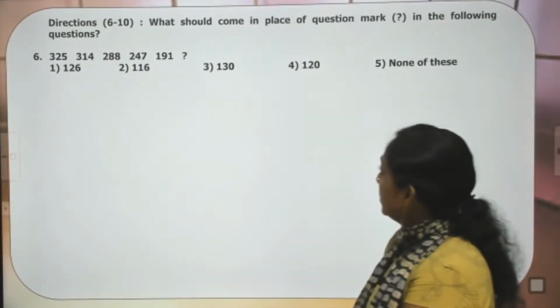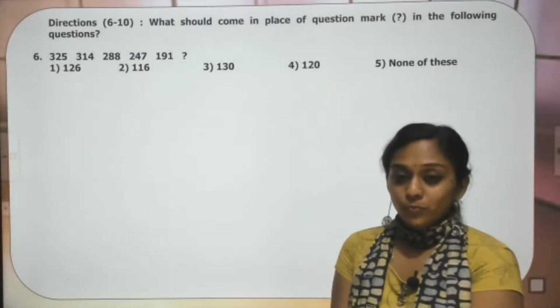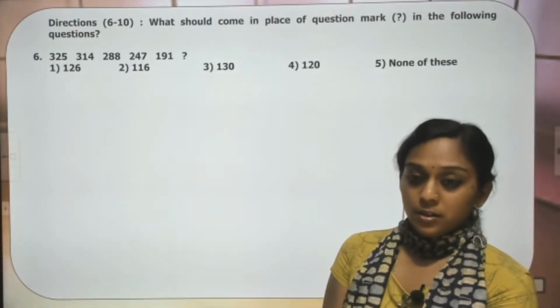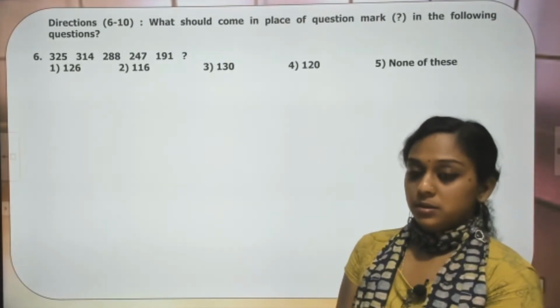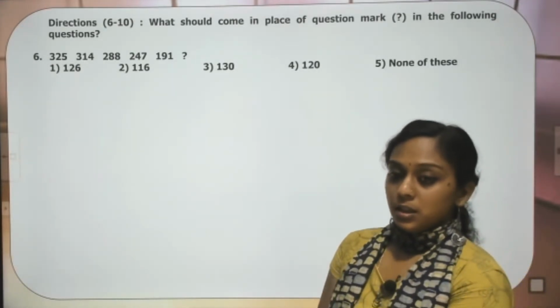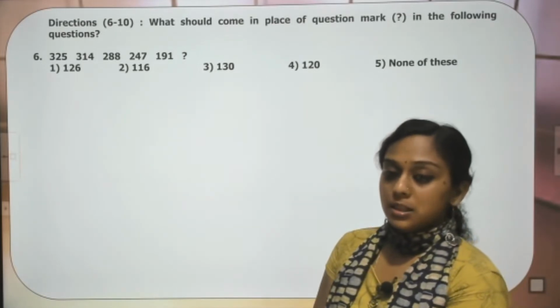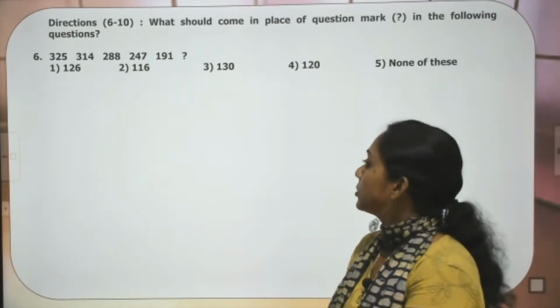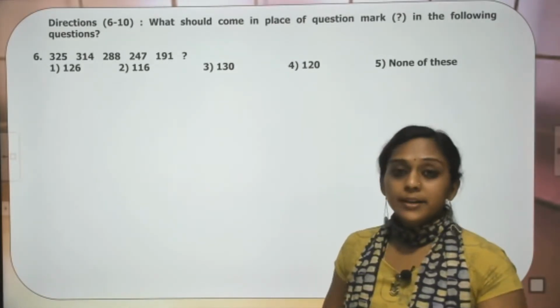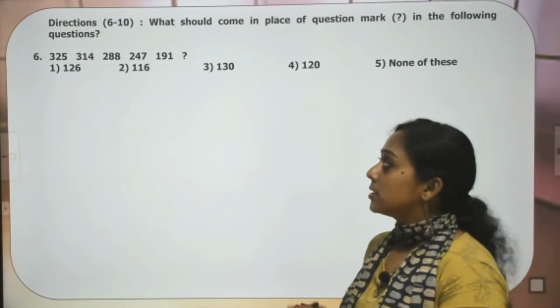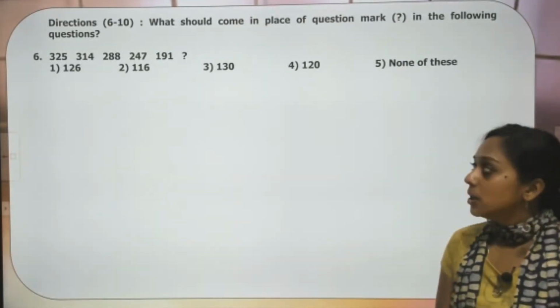Yes, the answers are coming. Yes, right answer, option 4. Ajit, Srinath, Rosalex, yes, option 4. So there's only a gradual change. So what you need to do is just take the difference. Okay.